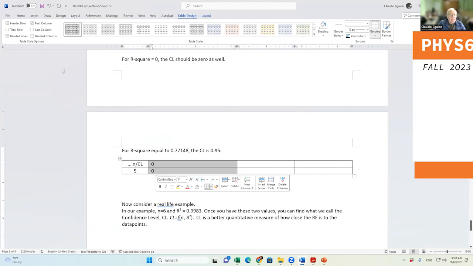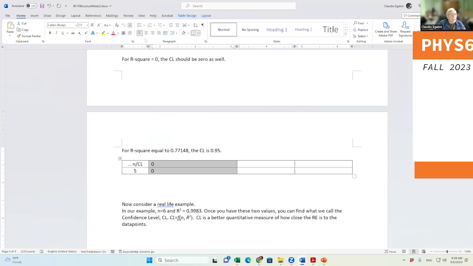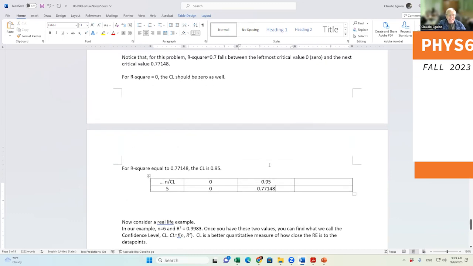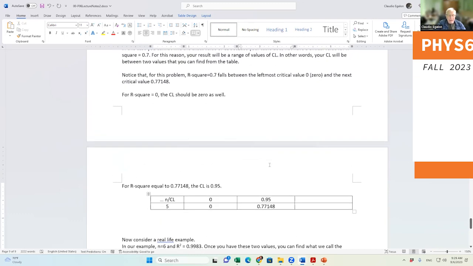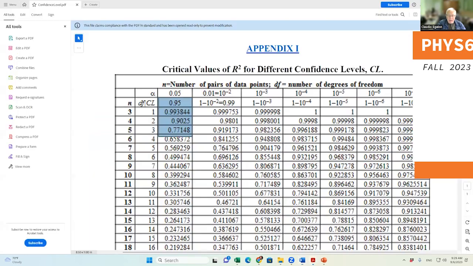That's the far left critical point, outside the table. The critical value is going to be right here, 0.95, which is 0.77148. That's 95%. Let's make sure it's 95%.